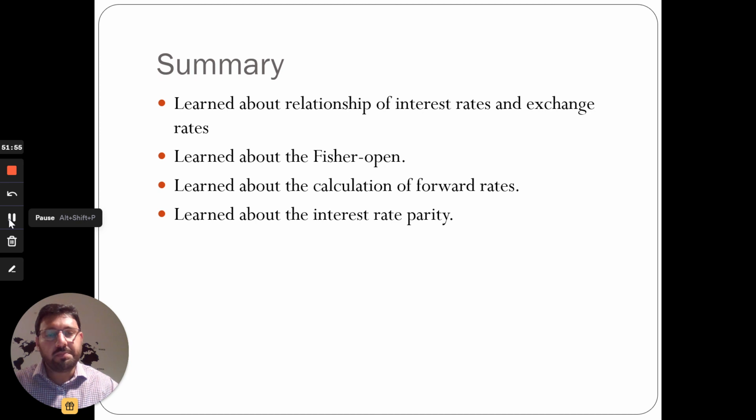So when there is a forward rate of 30 days, we mean that the forward rate is the estimation of what could be the spot rate after the 30 days. And that brings us finally to the concept of the international interest rate parity.